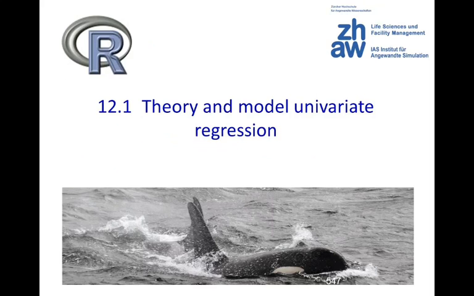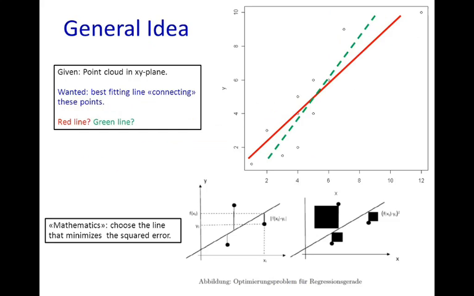Let's start with theory and model for univariate regression. The general idea of regression is that you have a set of points given, a point cloud in the xy plane, and you would like to find the best fitting line to these points. Of course, this line will not really be connecting, but it will be lying such that some kind of distance to the points is minimal.